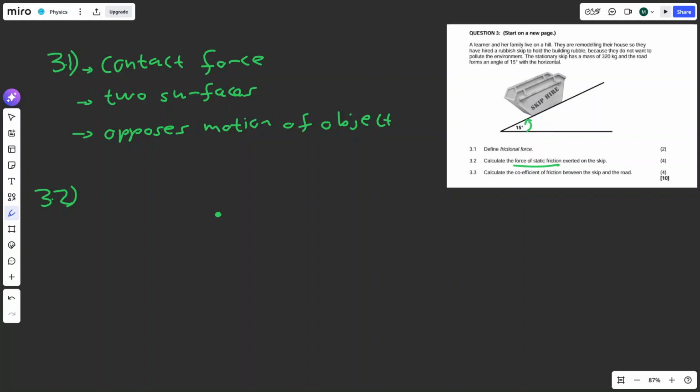So let us go ahead and draw it here. There are several forces acting on this object. One of them is the force of gravity acting downwards. So this is FG. And note that our object is on a plane, so I'll just put a plane here.